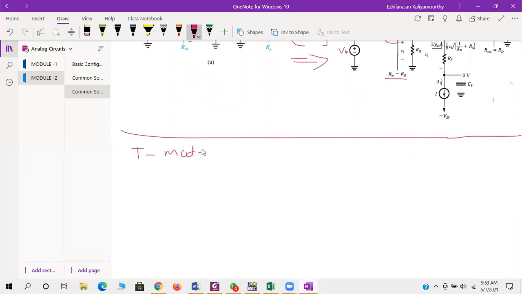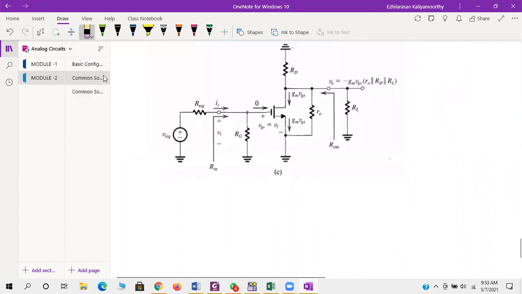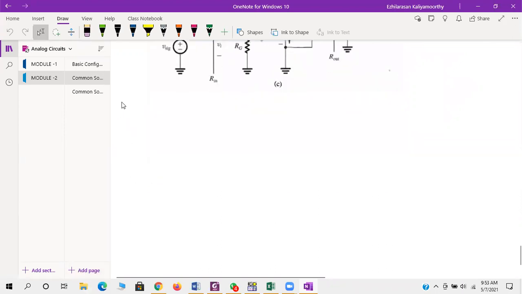So what we do is let me do the T model separately. Here only I'll do the T model.